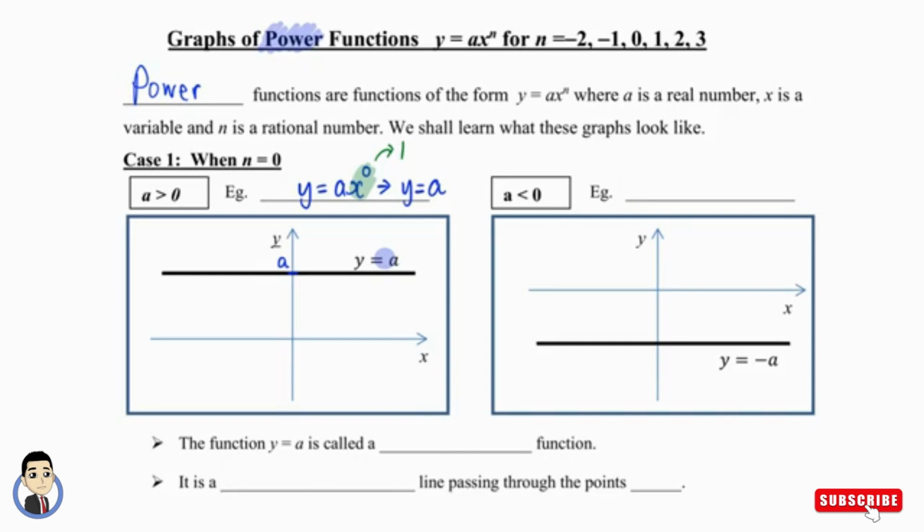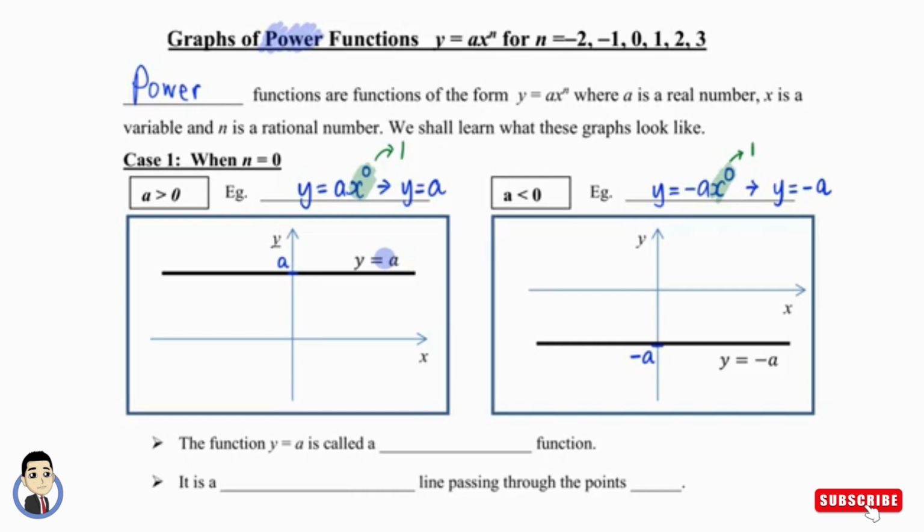And when I do it for a negative value of a, meaning negative a times x to the power of 0, this is also y equals -a, because by the same understanding, x to the power of 0 is equal to 1. So -a times 1 is -a. In this case, it is cutting the y-axis at -a, and it is again a horizontal line.